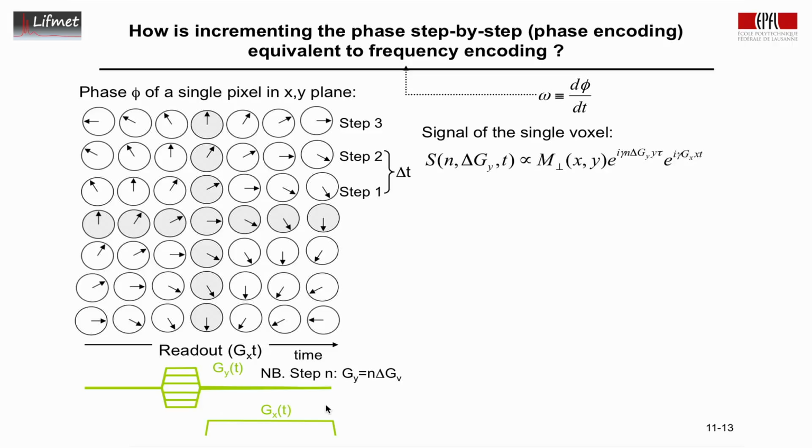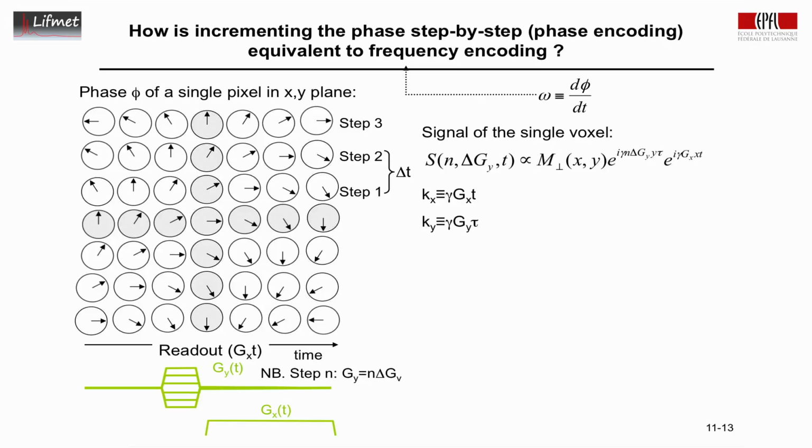Again, here we have not considered echo formation. We are assuming we're starting at the echo. The principle here is more important than exact detail. So this is our signal of the individual voxel.